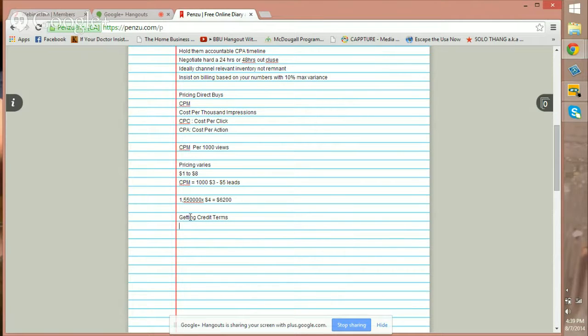Right? The key is to have what? You can negotiate things like long-term credit terms, right? And short-term payments. Why would you want to do that? To create cash flow for your business.